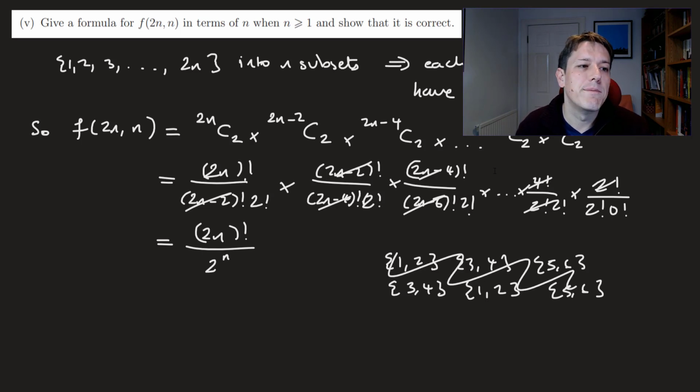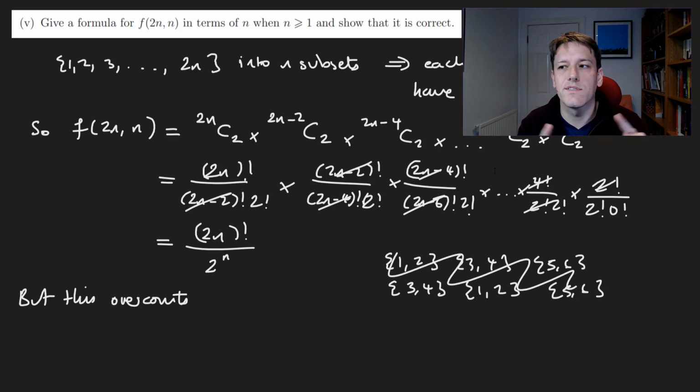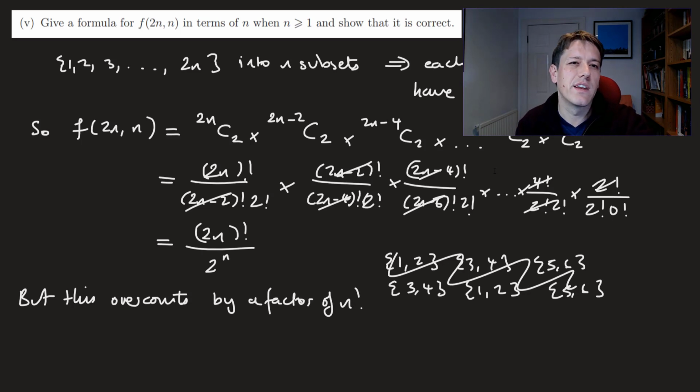So we can say that this overcounts by a factor of n factorial, because there are n factorial different ways of arranging those n different 2-element subsets. So perhaps I shouldn't actually write f of 2n n here. I should say something like the number of ways of choosing these in a specific order is this.